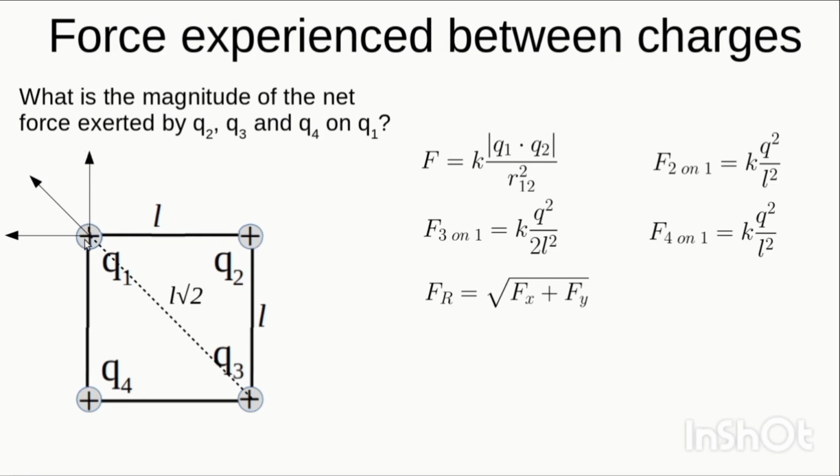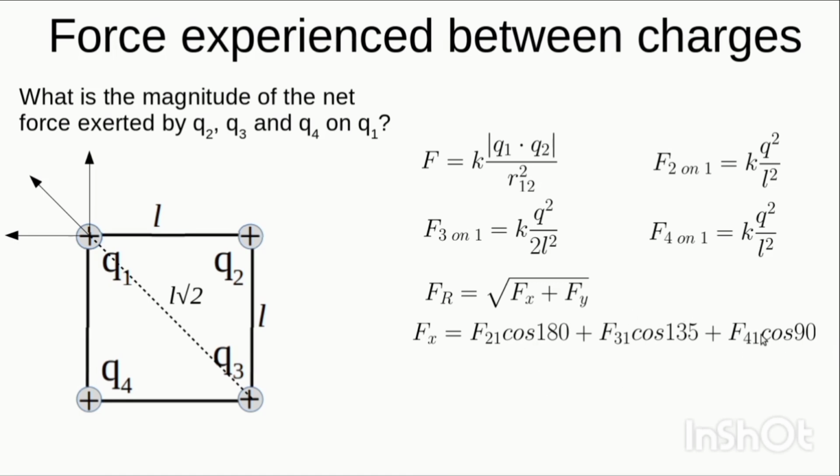If this one is 90, and this one is 45, then here to this point will be 90 plus 45, which gives us 135. Then from here to here gives us 180. So F2 on 1 is at 180, F3 on 1 is 135, and F4 on 1 is 90.